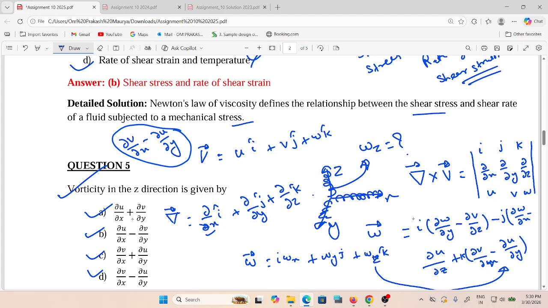Here you need the minus. So option D will be correct.